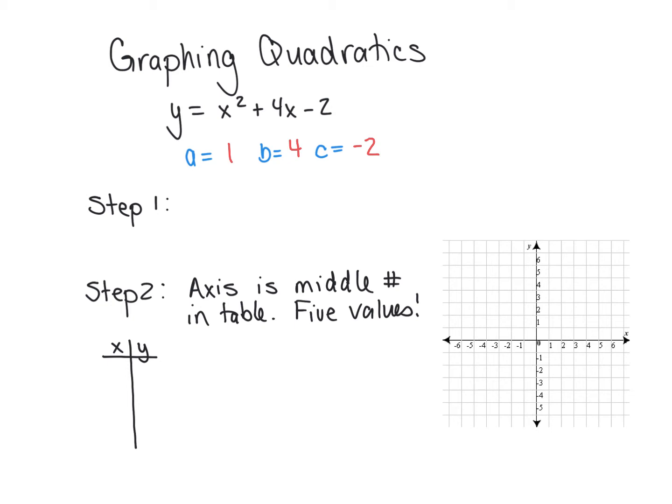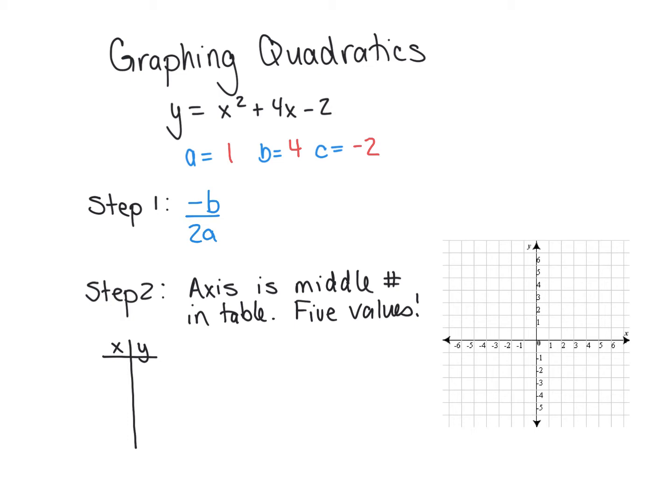So the next thing, once we have identified what our a, b, and c are, we are going to plug into our formula. The formula that we're going to be using for this section is -b over 2a. And by -b, I just mean that it's the opposite of whatever the b is in our problem.